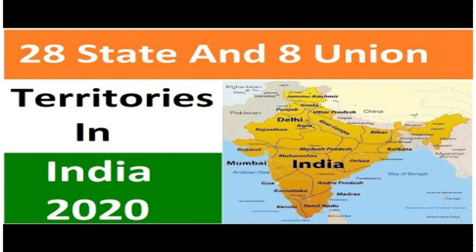The newly formed union territories have been formed under a reorganization act passed by the parliament. At present, India has 8 union territories. Actually, it was formed on 31st October 2019.